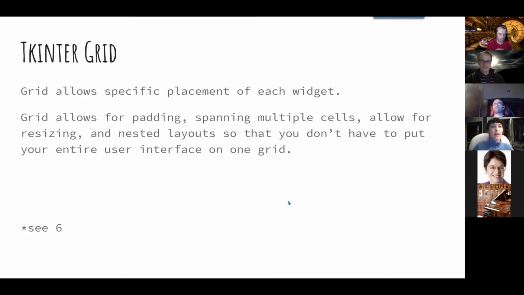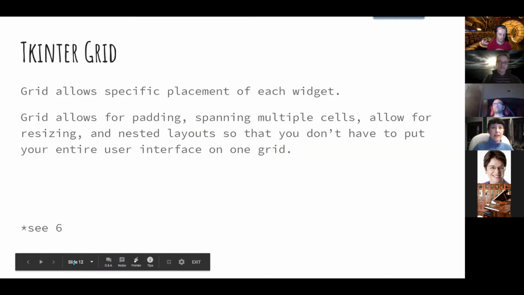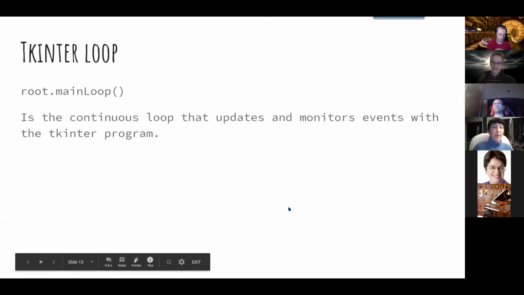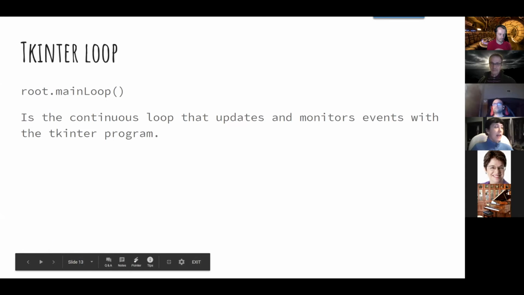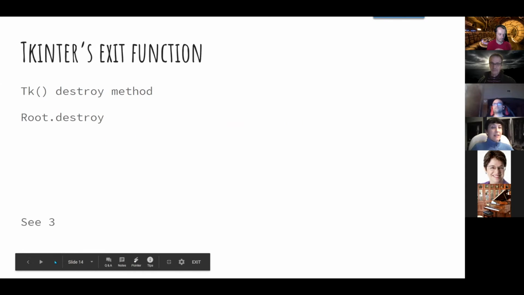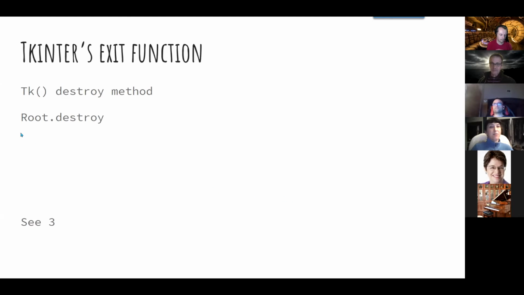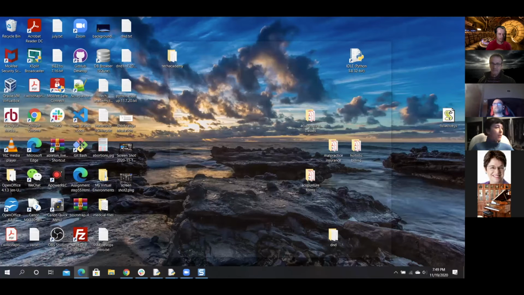Yeah, grid allows, I just said all of that. And then you use the root mainloop, and it's the continuous loop that updates and monitors events within the Tkinter program. And that's about it. And then the destroy function, or the destroy method, this is literally all you have to put onto the screen.